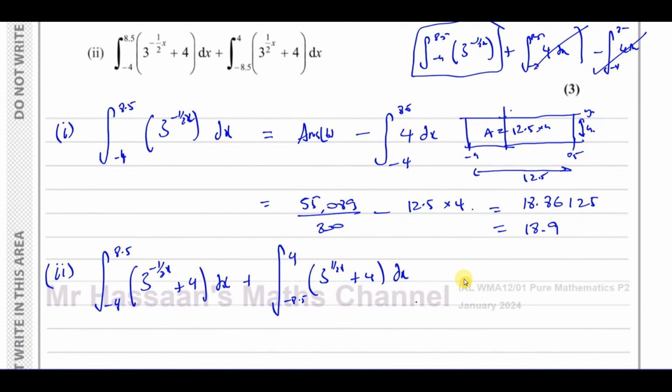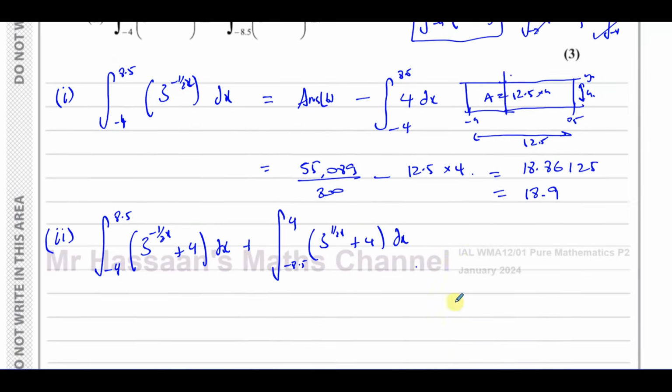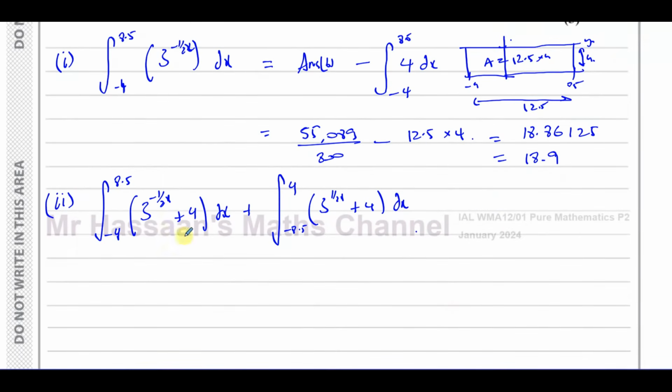So what we can understand here is, if we look at the graph of what we drew earlier, on the last page, it would look something like this, as we described. It was reflected in the y-axis and shifted up 4 units, so it went something like this. Okay, and that's how the graph looks, and we drew it between minus 4 and 8.5.